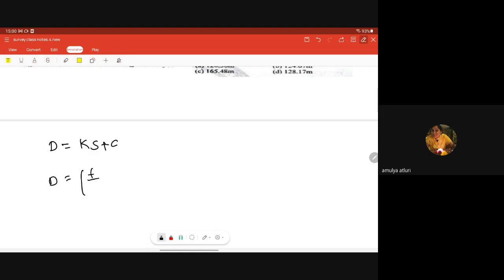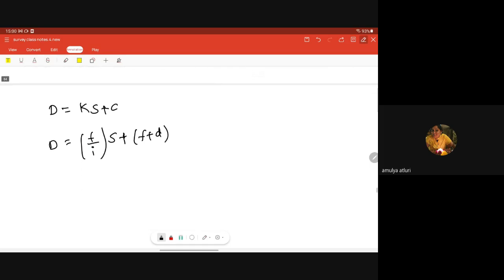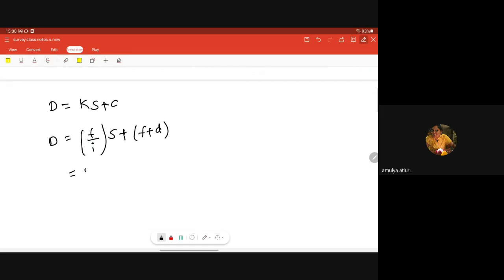F by I into S plus F plus D, right? So in the problem, it is given focal length is 200 meters and I as 4.